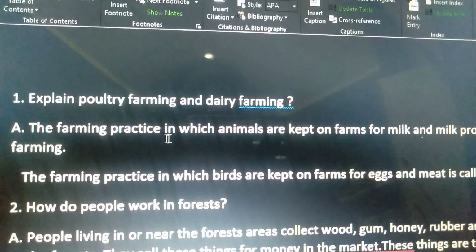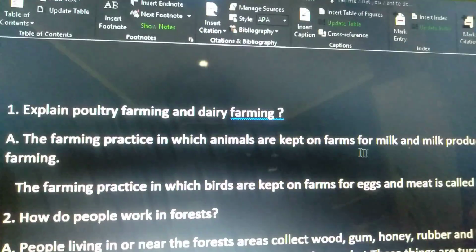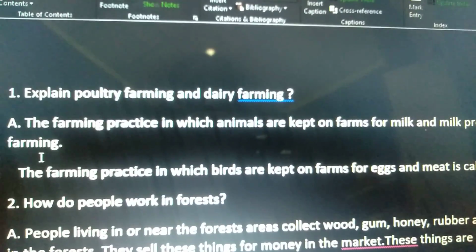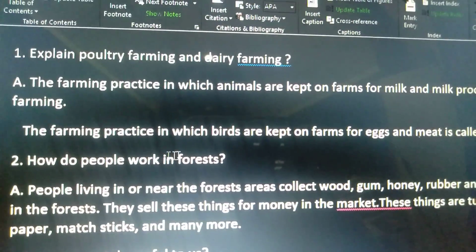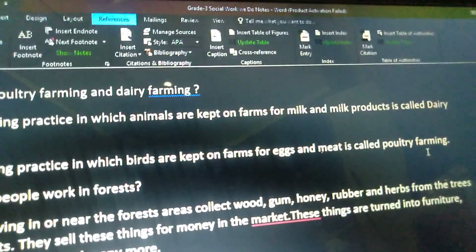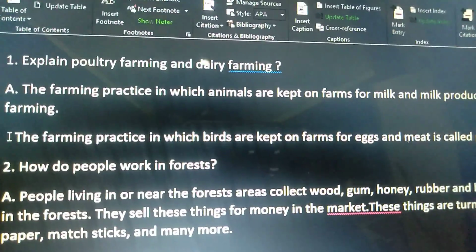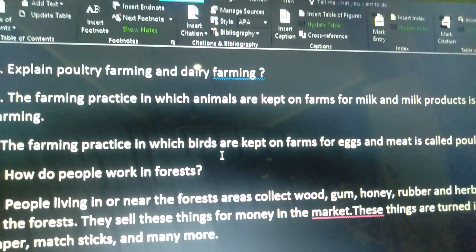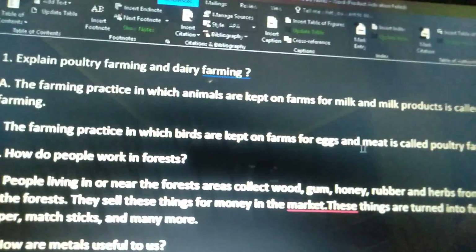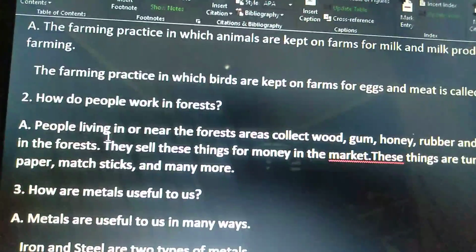The farming practice in which animals are kept on farms for milk and milk products is called dairy farming. The farming practice in which birds are kept on farms for eggs and meat is called poultry farming.